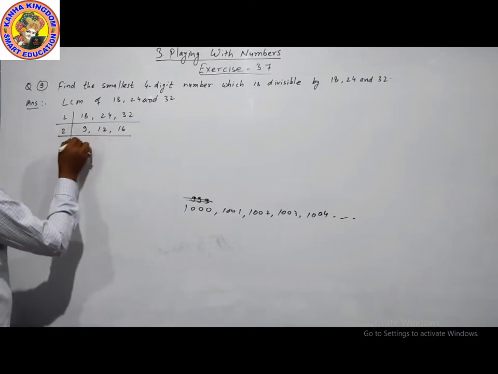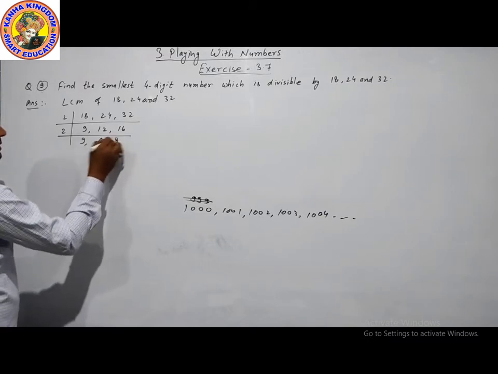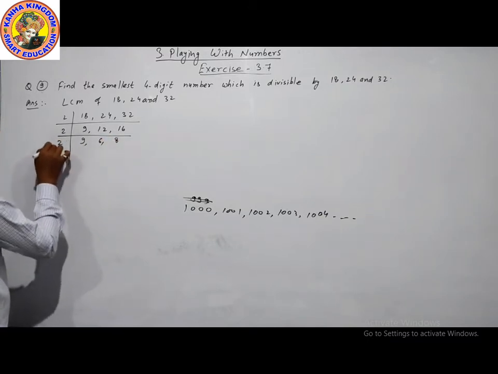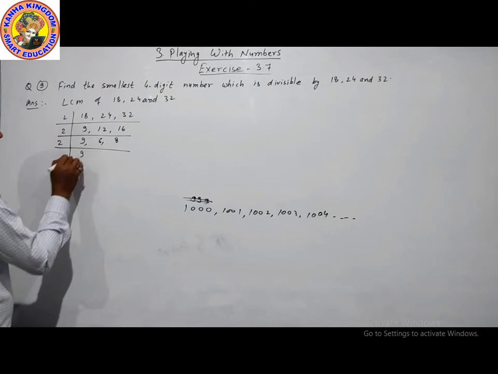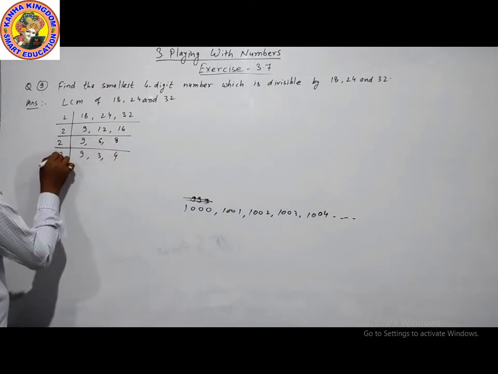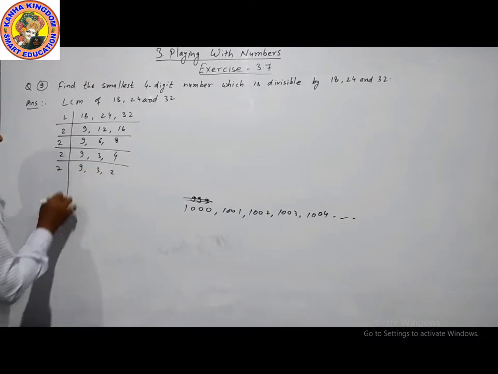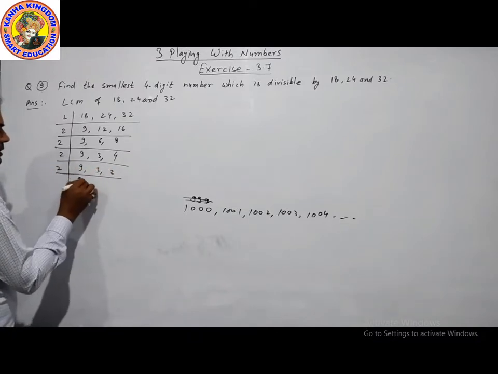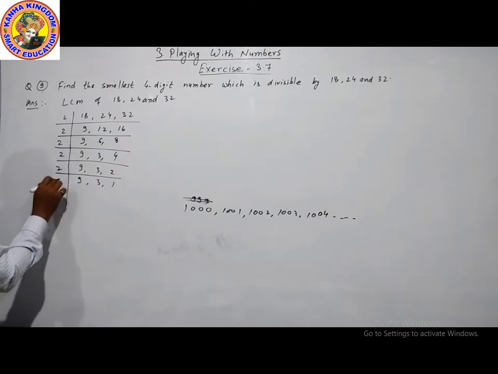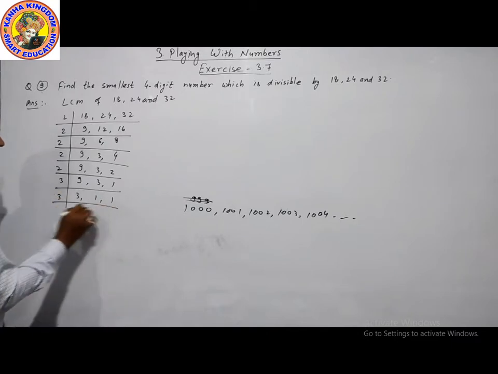Now dividing by 2, 9 cannot divide, leave this, 6, 8. Dividing by 2, 9 cannot divide, 3, 4. Dividing by 2, 9, 3, 2. Dividing by 2, 9, 3, 1. Now dividing by 3, 3, 1, 1. Dividing by 3, 1, 1, 1.